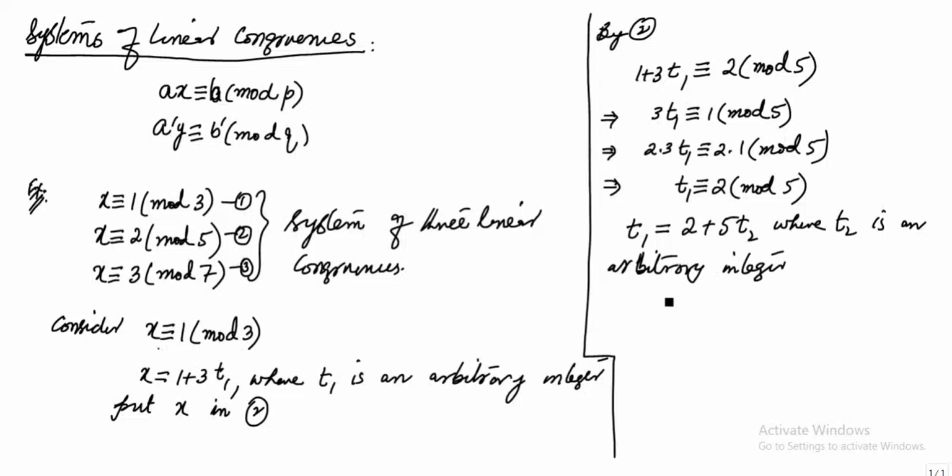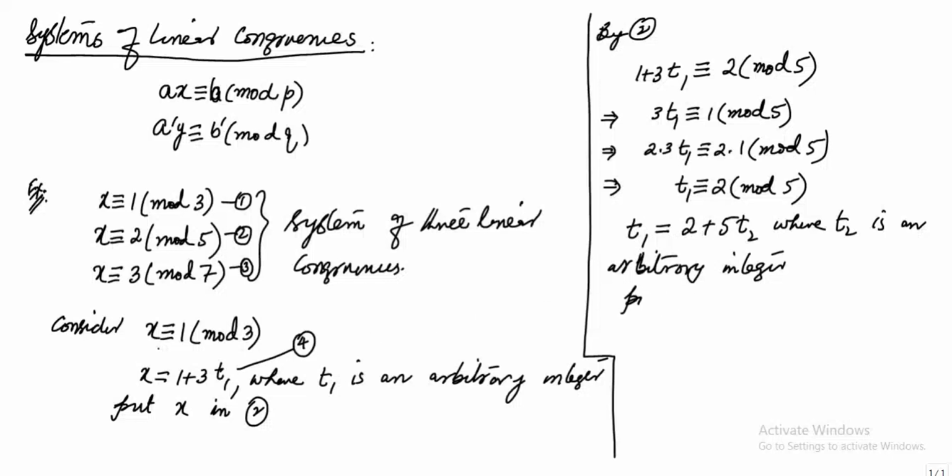Okay, so now because equation 3 has variable x, we have to convert this t1 in variable x. You can call that equation as equation 4.